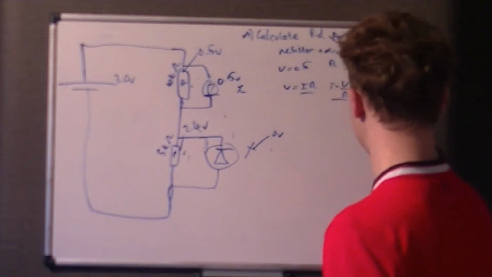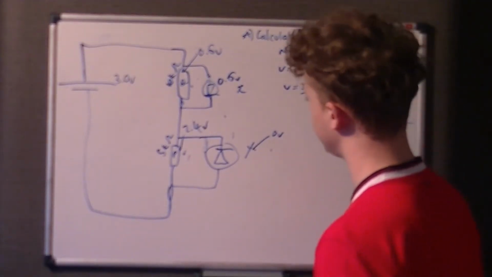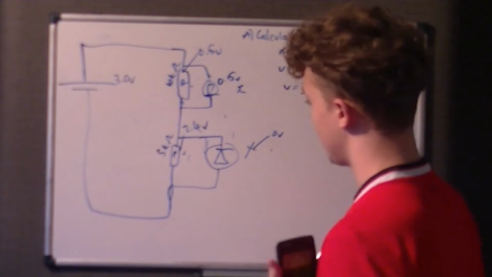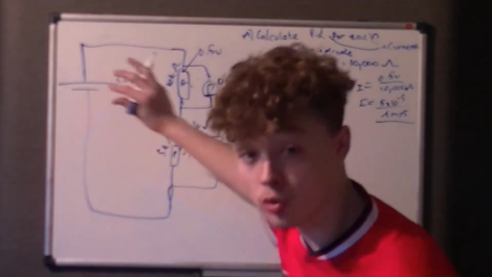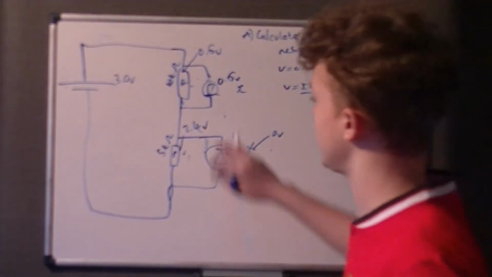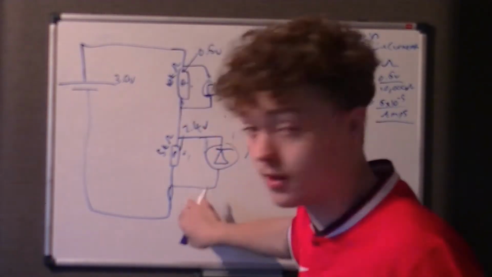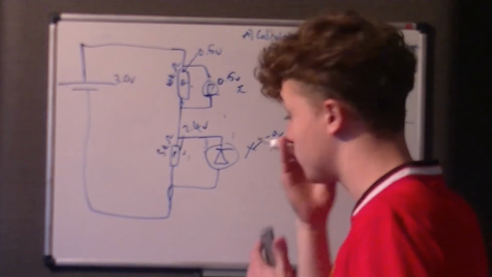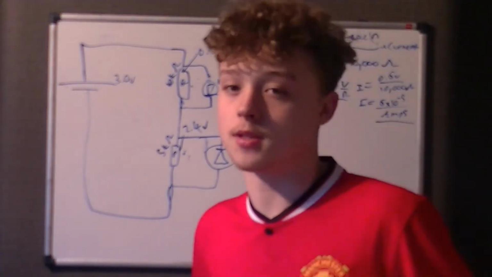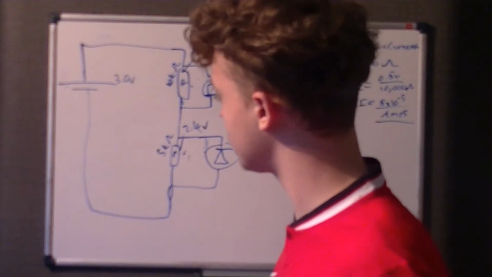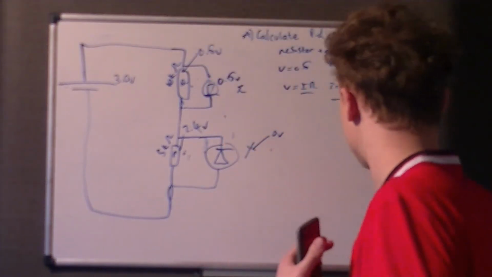So that goes to 6 times 10 to the minus 5 amps. So we know that's the current running for the whole of the circuit. It's not going to change. So whatever comes in here has to be out here, and whatever goes here has to be out here. So, I mean, it doesn't lose any current. So anyway, we got that current.